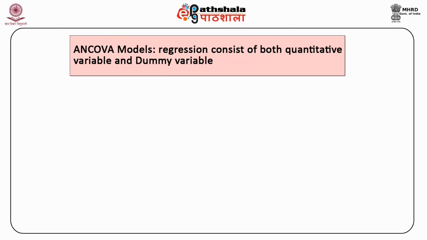Regression may consist of both quantitative variable and dummy or qualitative variable. Such regression models are called ANCOVA models.